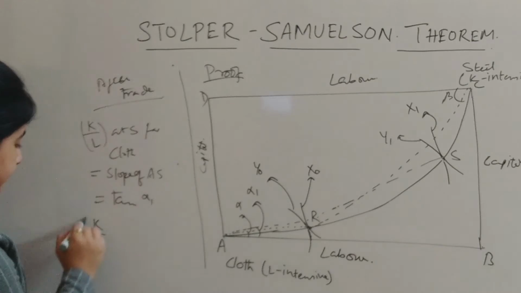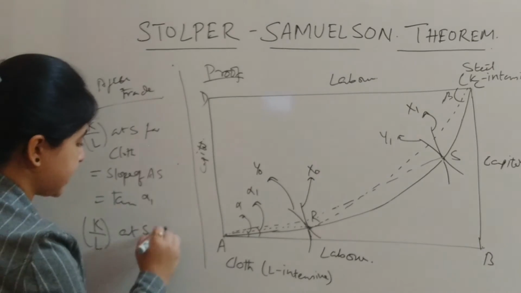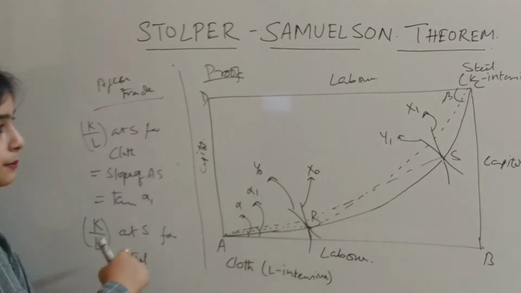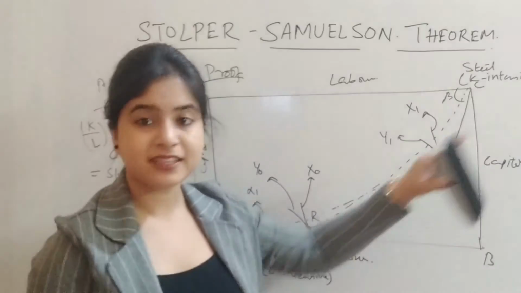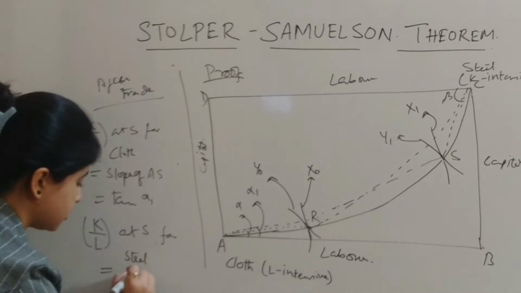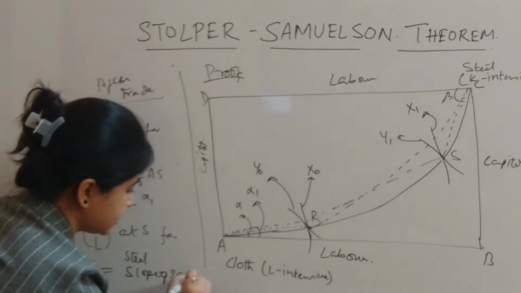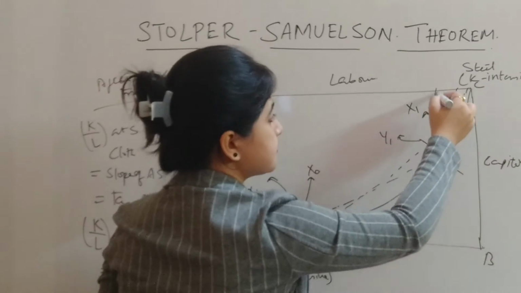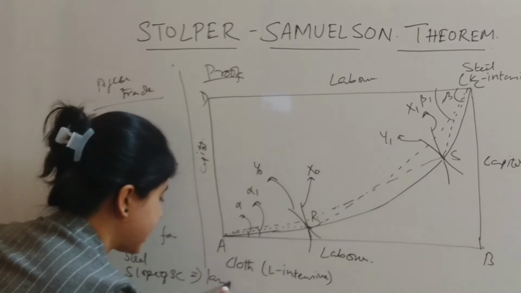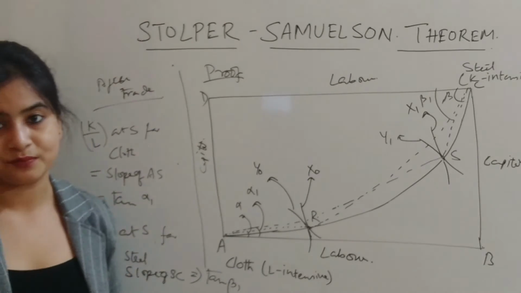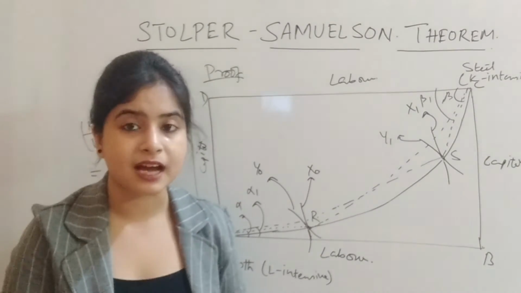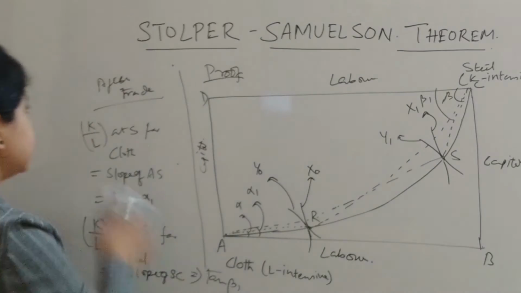And the capital labor ratio at S for steel will be given by SC. So we have the slope of SC, and let us denote it as beta 1, so here we have tan beta 1. Okay, so we have obtained tan alpha 1, tan beta and tan beta 1. What to do with this? Let's see.